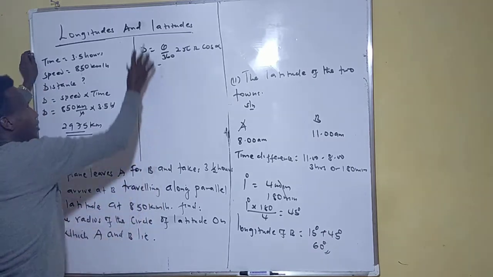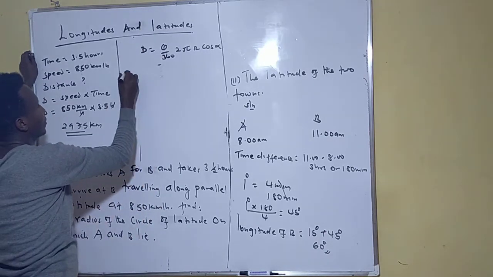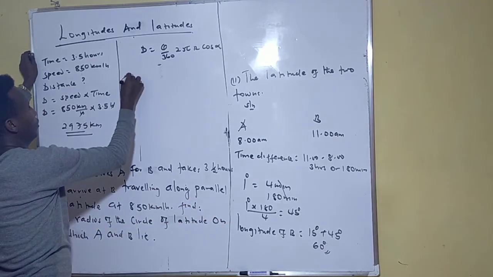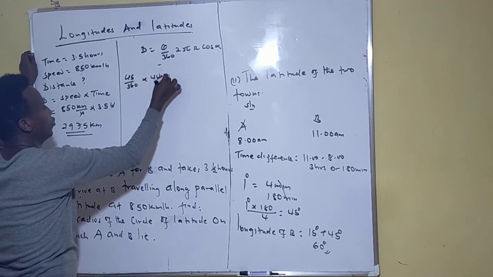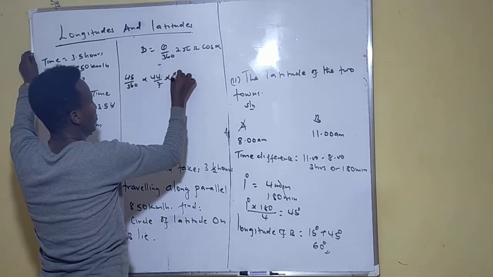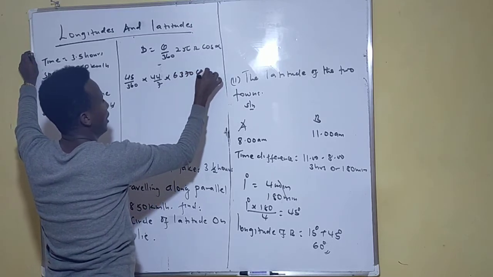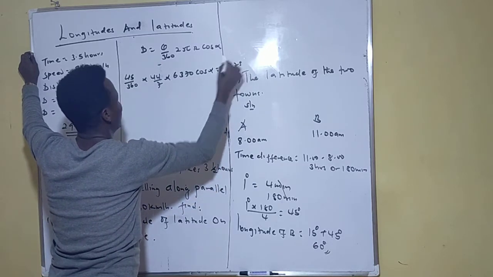Look at this point. We are going to say our theta is the longitude difference, which is 45. 45 out of 360, times 2 times 22 over 7, times 6370, cos alpha is equal to the total distance, which is 2975.